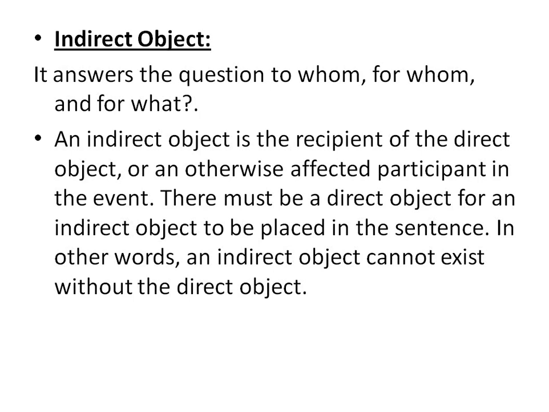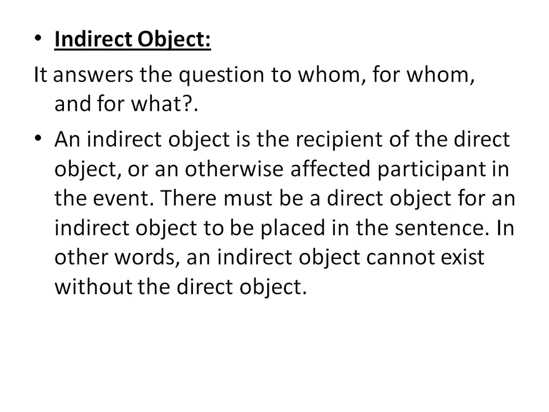Then comes the indirect object. It answers the question to whom, for whom, and for what. An indirect object is the recipient of the direct object and otherwise affected participant in the event. There must be a direct object for an indirect object to be placed in the sentence. In other words, an indirect object cannot exist without the direct object.